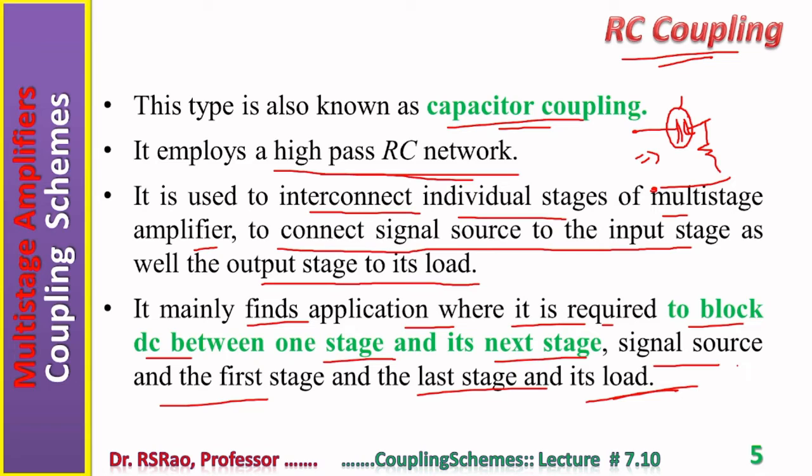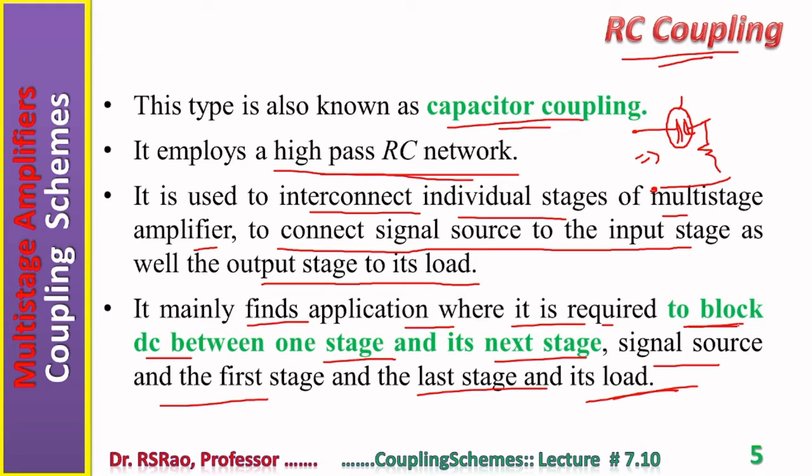When DC is allowed to enter into the signal source, the performance of the source gets deteriorated very soon. So some mechanism is required to prevent DC entering into the signal source. Usually it is done by implementing RC coupling between the signal source and the first stage.